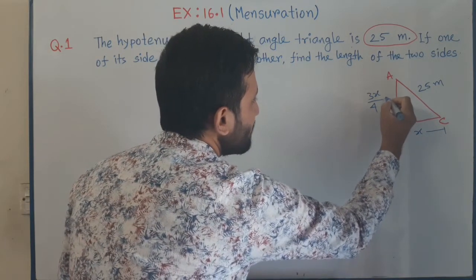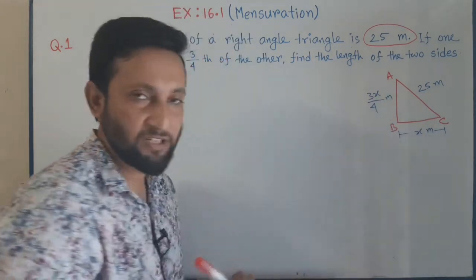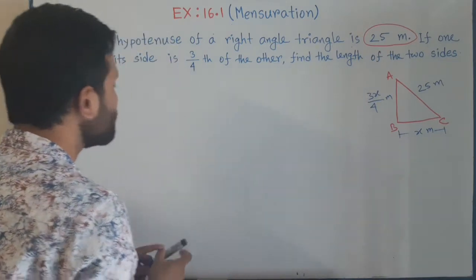If one side is x meter, the other side must be 3x/4 meter. Now follow the solution process.